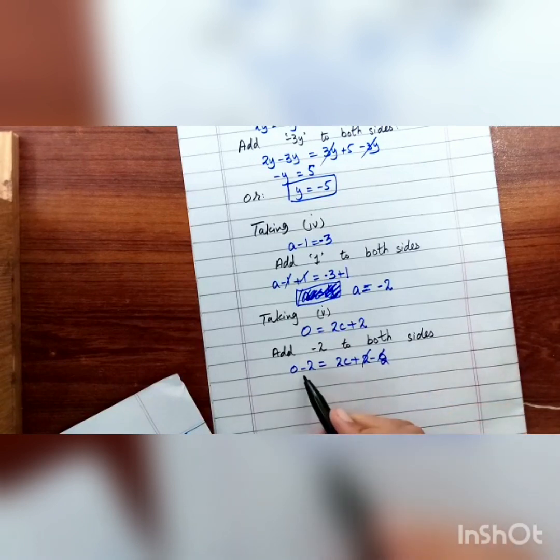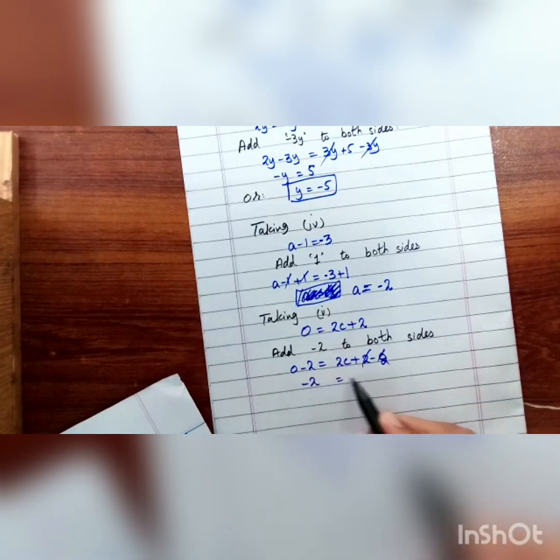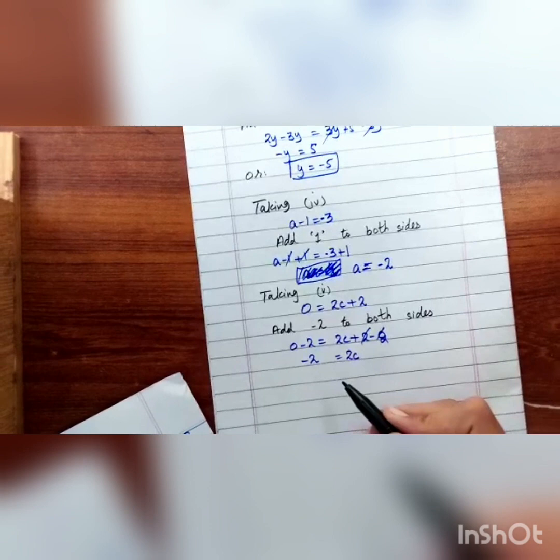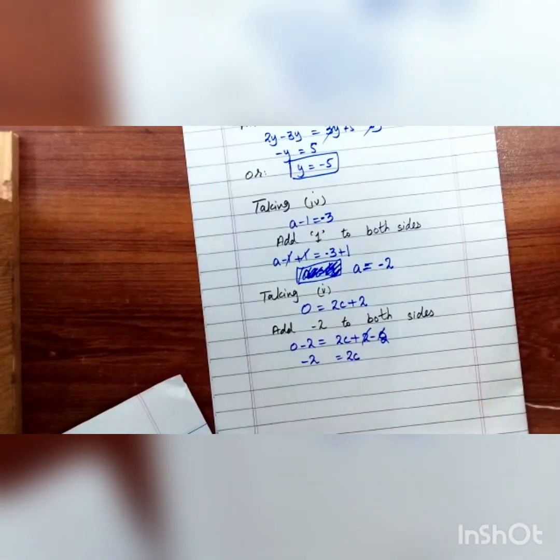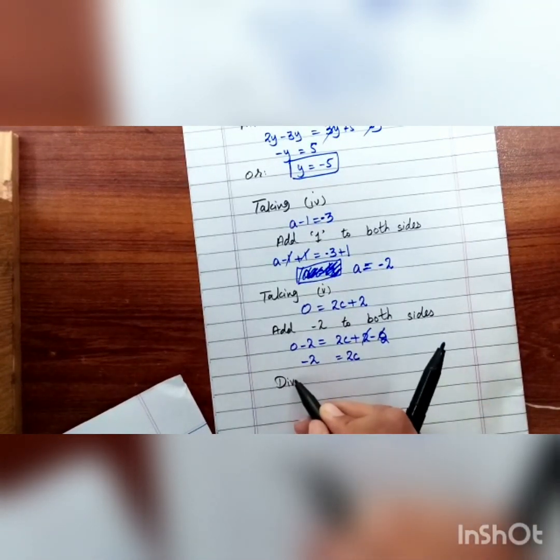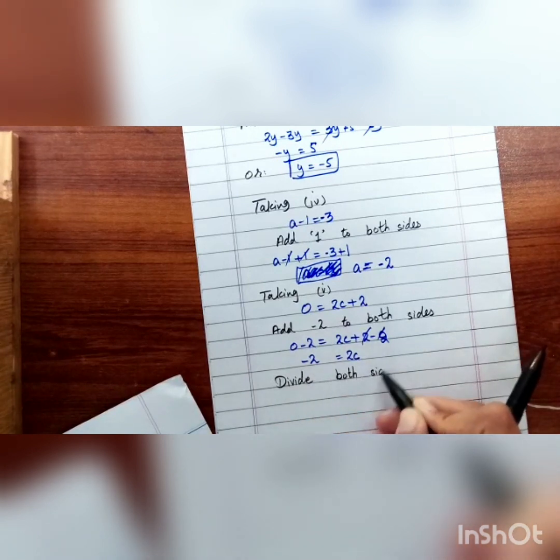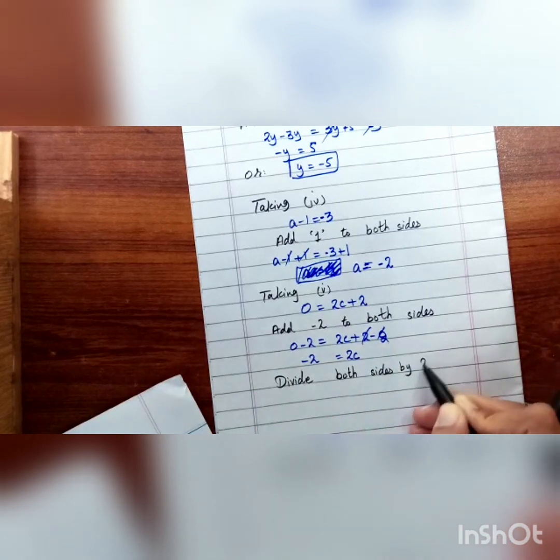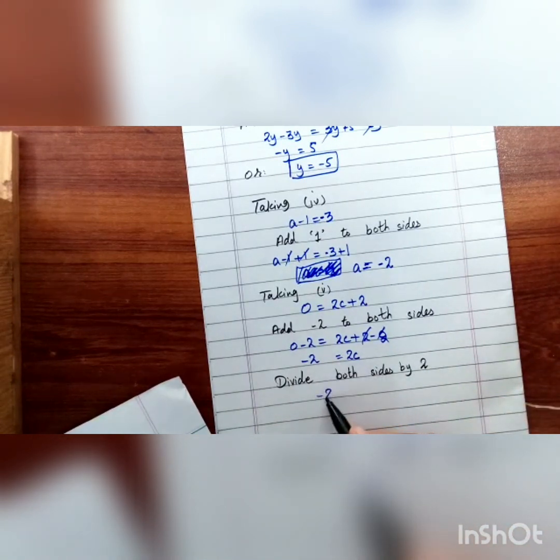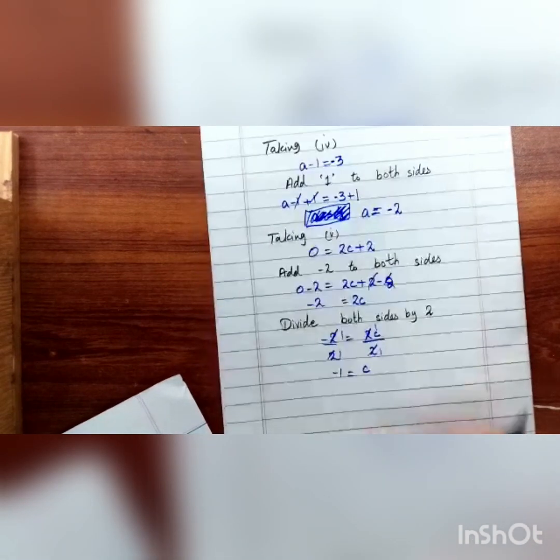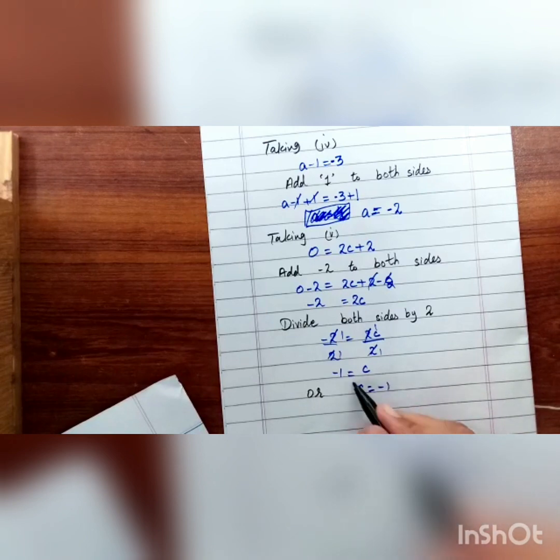Now 0 minus 2 is equal to minus 2. Okay, now to find the value of c, we will divide both sides by 2. So minus 2 is equal to 2c. By dividing both sides by 2, we will get minus 1 is equal to c, or we can write by symmetric property that c is equal to minus 1.